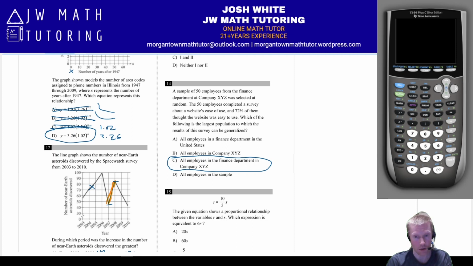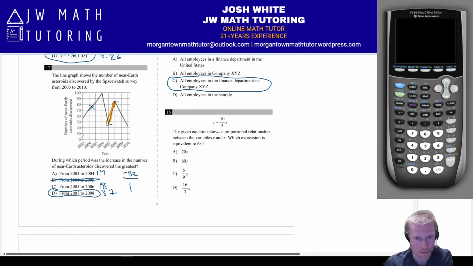You cannot go to the company in total because it was only from one specific department, and you can't go further than that because this is only one specific company that was surveyed. That's why A is out. But it is C. You can go to the finance department, not just all the employees, because we're assuming that they used appropriate statistical techniques when they designed and administered the survey.